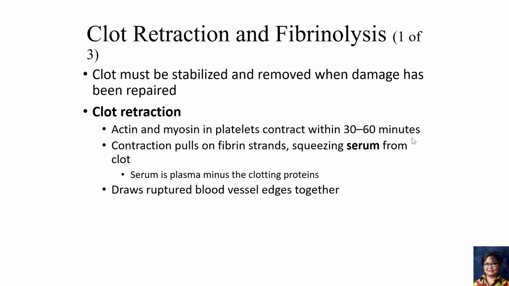The clot is stabilized through what you call clot retraction. Actin and myosin contract between 30 to 60 times per minute, and the contraction pulls the fibrin strands closer together. It's just like a net being pulled together, squeezing the liquid out.